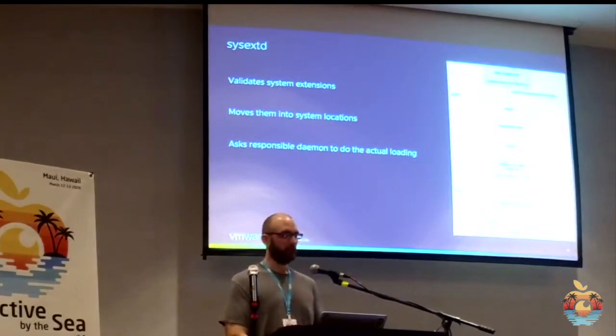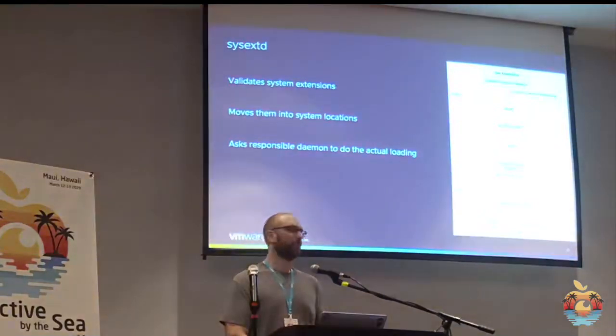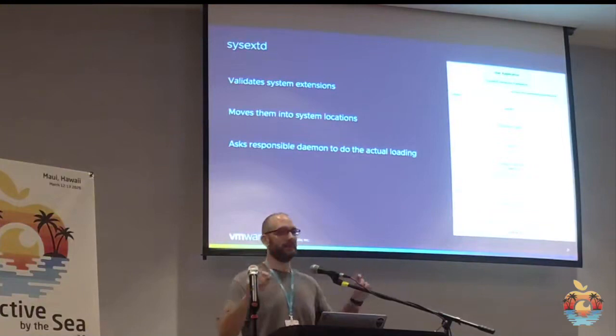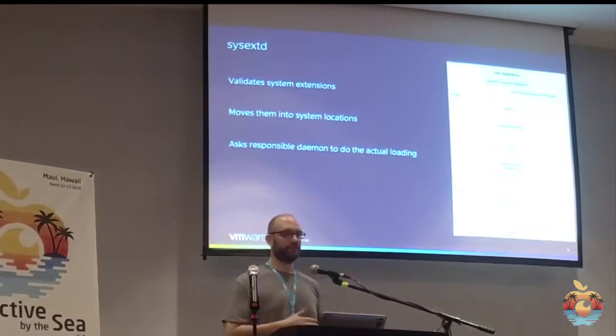So it moves things into the proper locations and then really just asks Endpoint Security D to do the real work of loading this thing. If you remember back to the first diagram I had where it split out into three pieces, if you have a network extension or a DriverKit extension, system extension D is trying to figure out what type of extension it is, who do I need to ask to do the real work, and then going on from there.